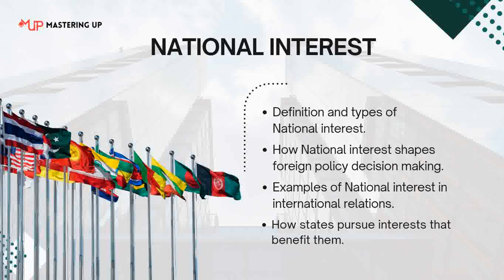For example, looking at the United States, it has a national interest in maintaining its military presence in the Asia Pacific region. And the aim of the United States in the Asian region is to counterbalance China's growing influence, because it is no news that China has a large economic power and there is an increasing competition between China and the United States.